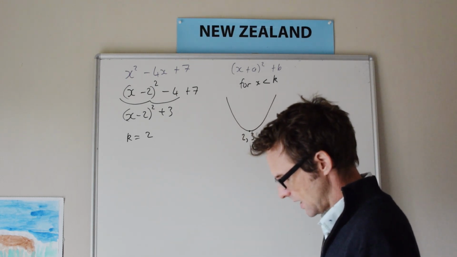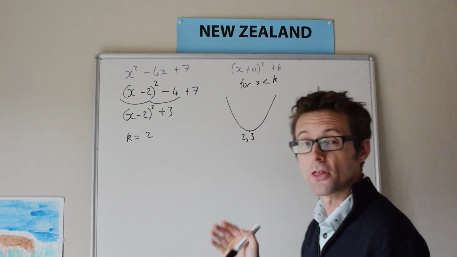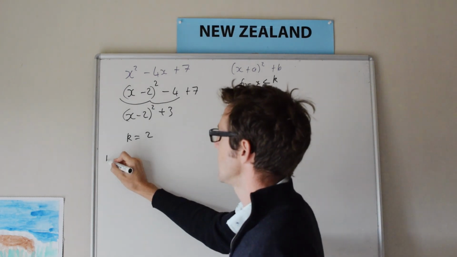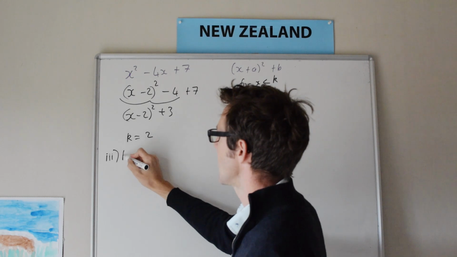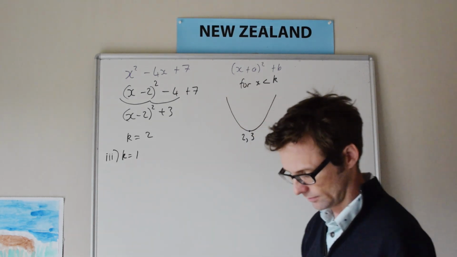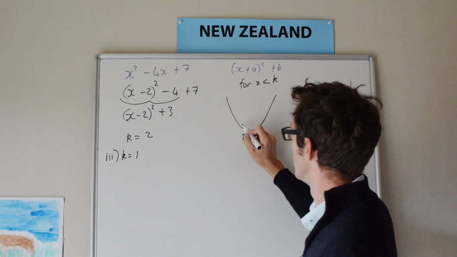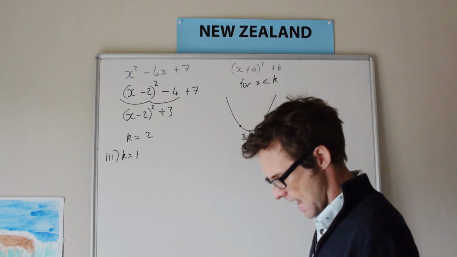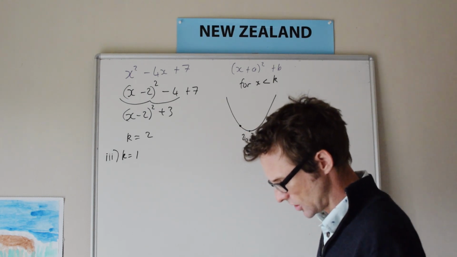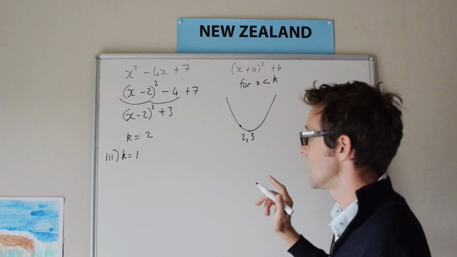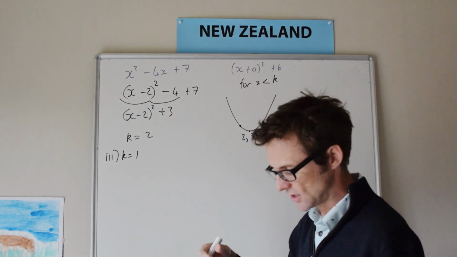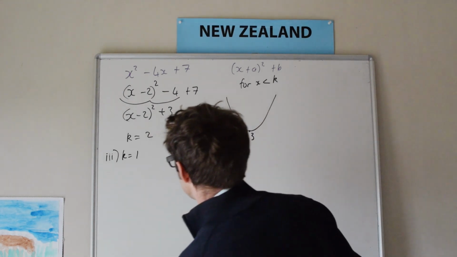Okay, then for the third part, part 3, we are told that k is equal to 1. So it's over here somewhere. And we need to find an expression for the inverse, and we need to state its domain.